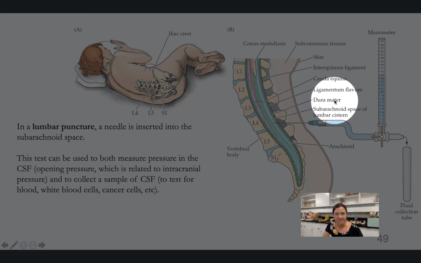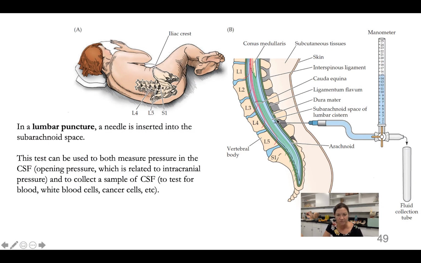You can see here it has a manometer on it, so you can get an idea of intracranial pressure, or what is called opening pressure, because it's continuous with the subarachnoid space of the brain, it is related to intracranial pressure. More commonly, it's used to test for stuff in the CSF.